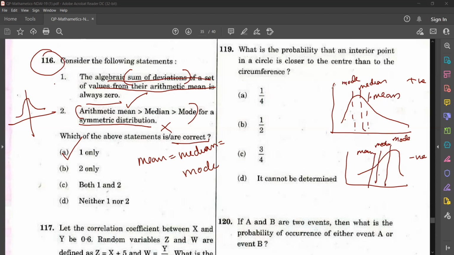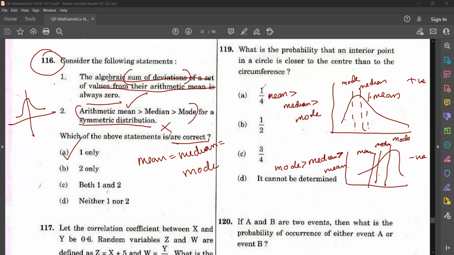So for positively skewed, you can note down mean greater than median greater than mode. For negatively skewed, mode greater than median greater than mean, just the opposite. Mean will be smaller in case of negatively skewed. In the positively skewed, mean will be greater.